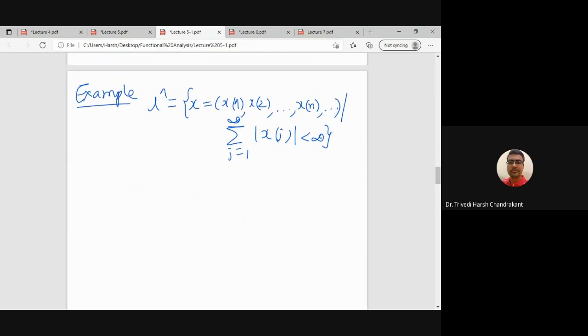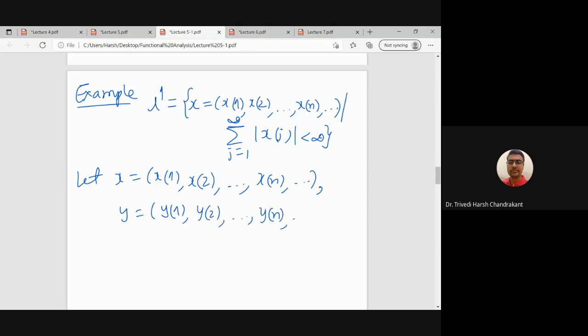So if we have two sequences which belong to L1, then we want to define the addition and scalar multiplication. So let x = (x1, x2, ..., xn, ...) and y be two elements of L1.